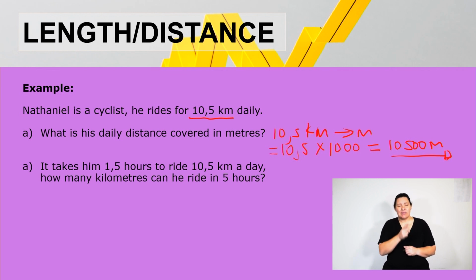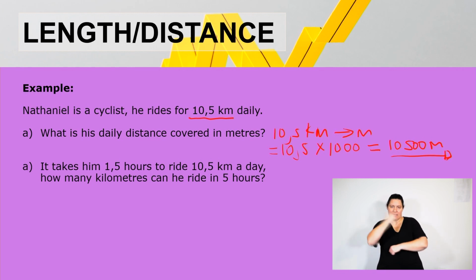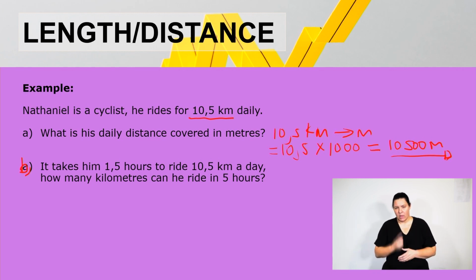It says it takes him 1.5 hours to ride 10.5 kilometers a day. How many kilometers can he ride in 5 hours? The best way to answer this one is by using the ratio method, where we move from known to unknown.